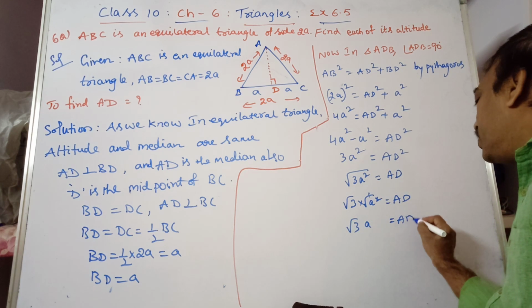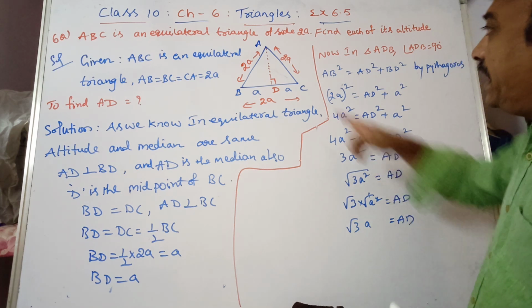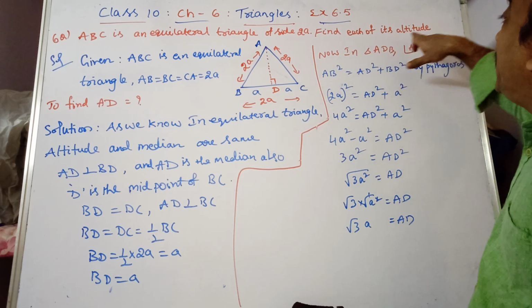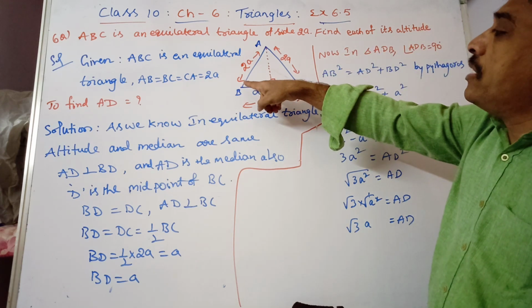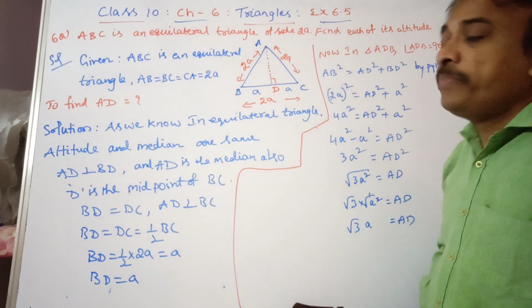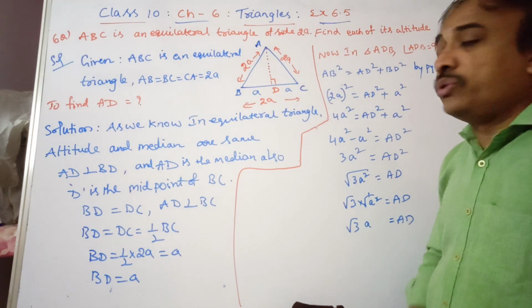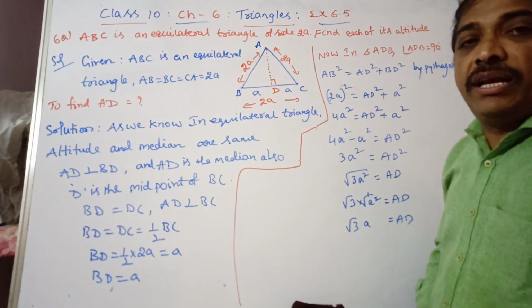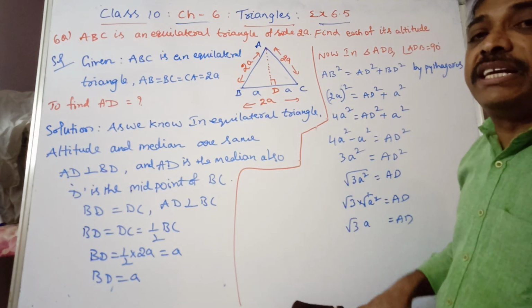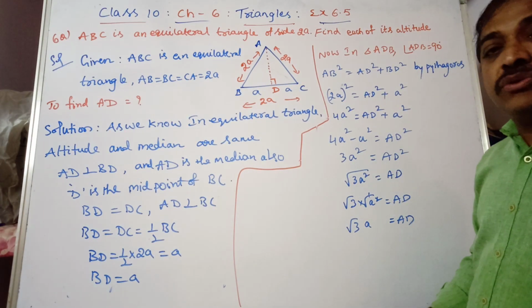So AD equals root 3 a. This is how we found AD. What he is asking is to find each of its altitudes. Like this, construct the altitude from B to AC and from C to AB, with a similar procedure. Because all three sides are equal, it is an equilateral triangle, so similarly we can prove it for all the altitudes.